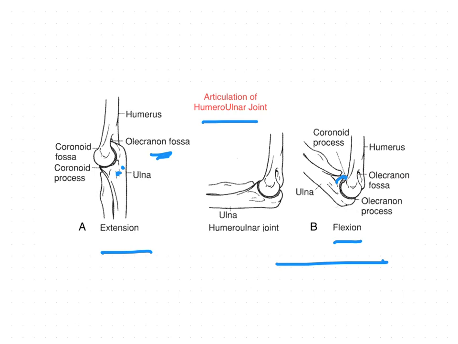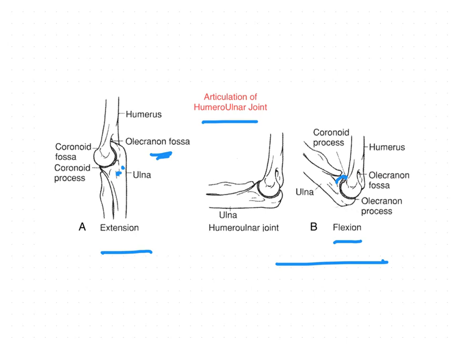During extension, the olecranon process fits into the olecranon fossa, that is the end of extension. During flexion, the coronoid process fits into the coronoid fossa, that is the end of flexion. That means the sliding motion between these two surfaces is stopped. Okay. Next. Although the opposing articulating surfaces of the trochlea and the trochlear notch appear to be completely congruent.